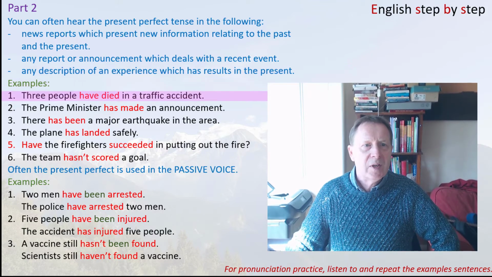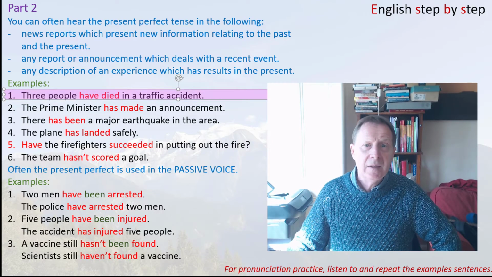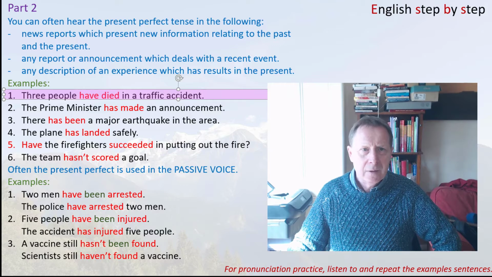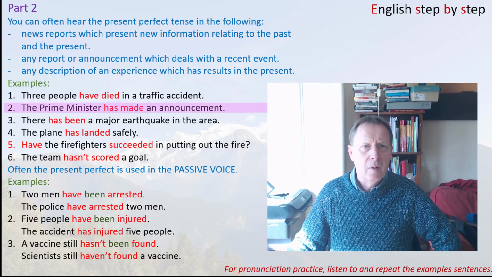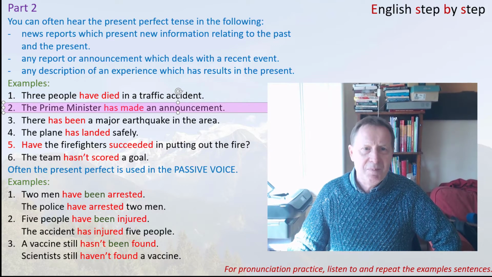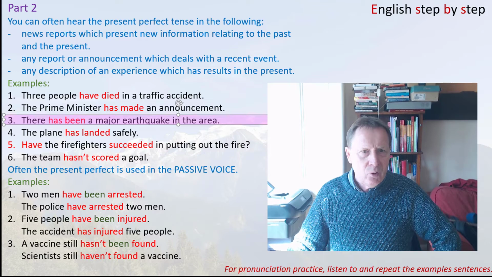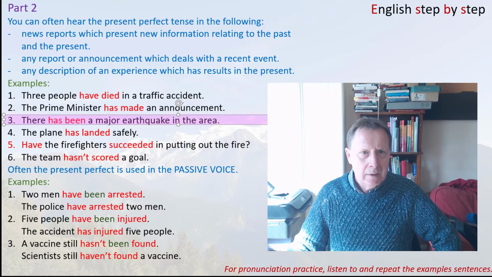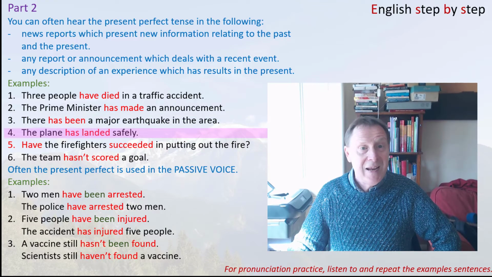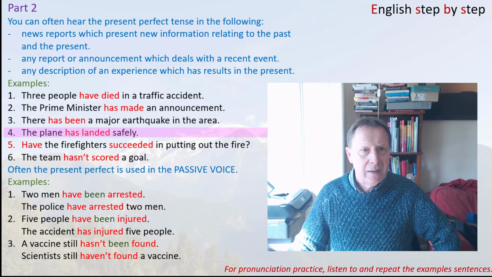So let's look at some examples. Number 1, 3 people have died in a traffic accident. The Prime Minister has made an announcement. There has been a major earthquake in the area. The plane has landed safely.